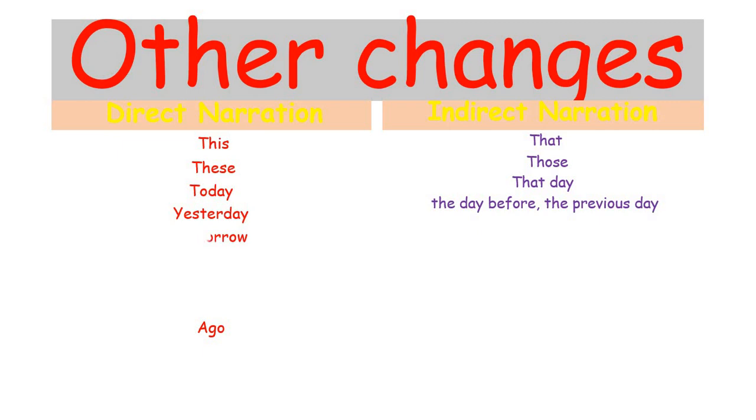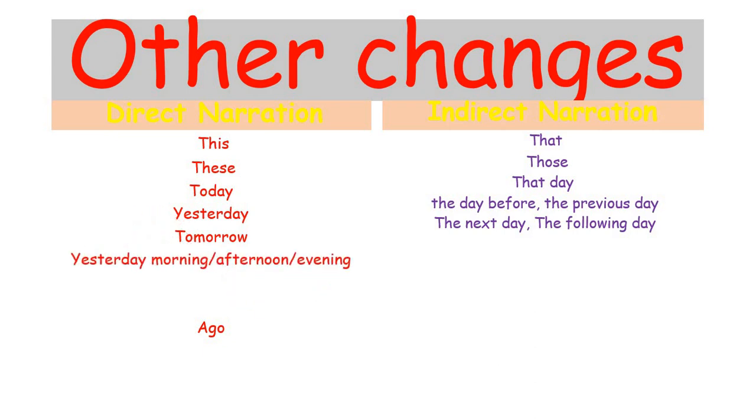Then tomorrow will convert into the next day or the following day. Then yesterday morning, yesterday afternoon, yesterday evening will convert into the morning before, the evening before, the previous evening, the previous night. You can use them as per the demand of the sentence.